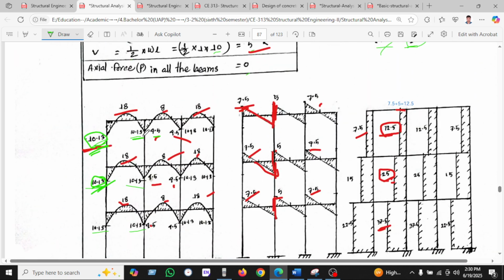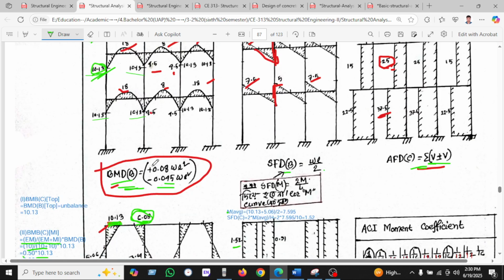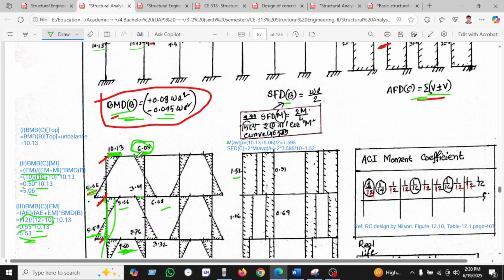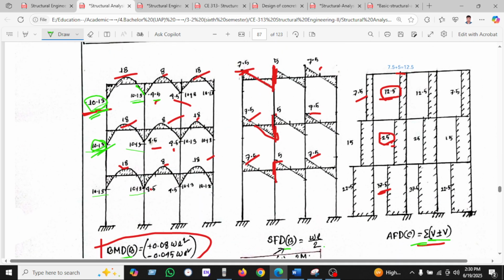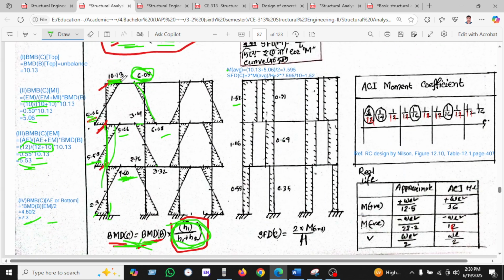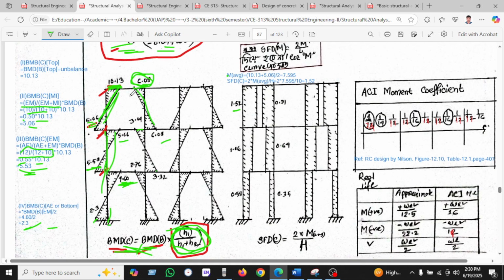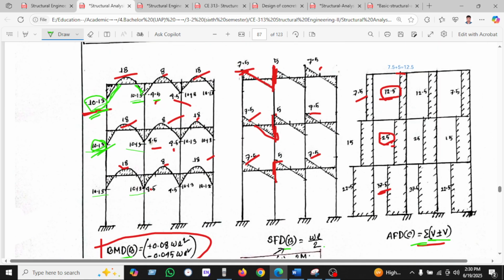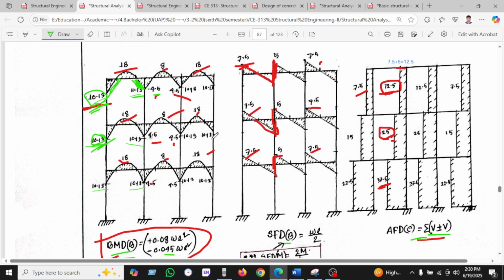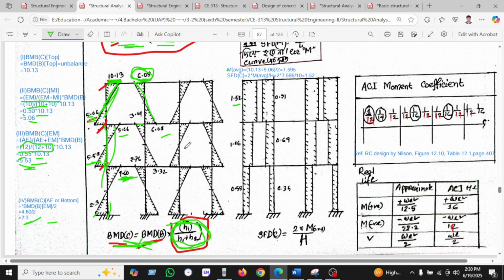And for another one we can see the incline is from left to right, that's why it will go from left to right. For the first one we have seen the incline from right to left, that's why the diagram will be inclined from right to left. And it will be vice versa because of the slope we have seen from left to right, so that's why it will be given left to right.